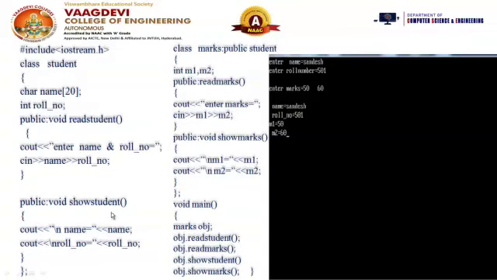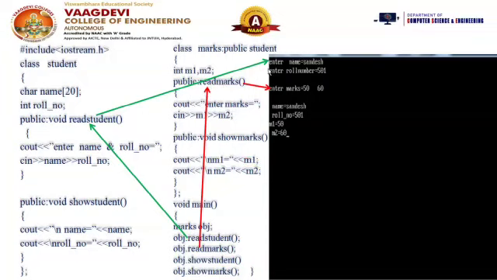The object obj calls readStudent function which takes values from user and assign it to name and roll number. The object obj calls readMarks function which reads values from keyboard by using cin object and assign to m1 and m2.